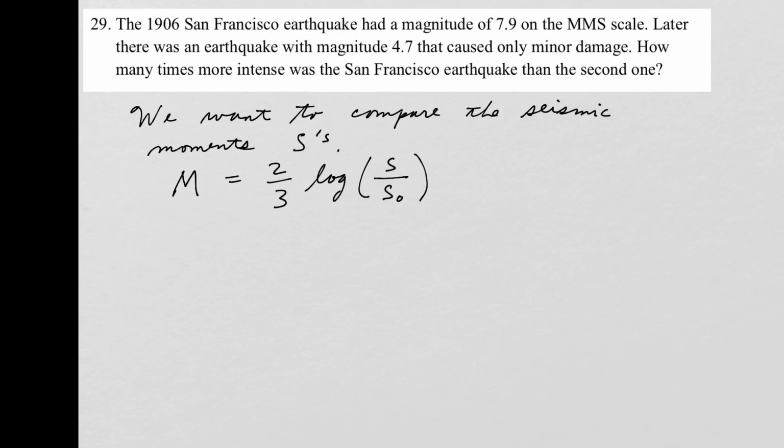And we know that S naught is 10 to the 16th. Okay, so let's plug in what we know. Well, in the first earthquake, and then in parallel I'll do the second one over here.